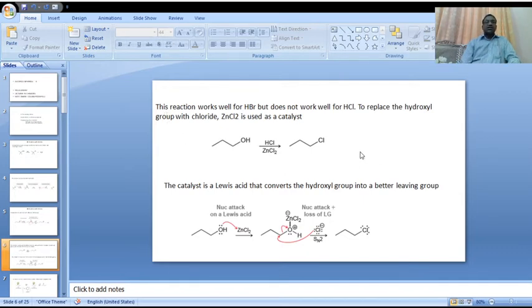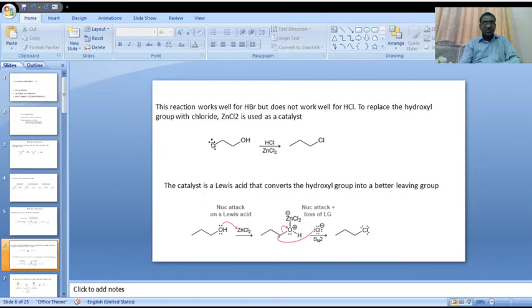This reaction works well for HBr but does not work well for HCl. To replace the hydroxyl group with chloride, ZnCl2, zinc chloride, is used as a catalyst.